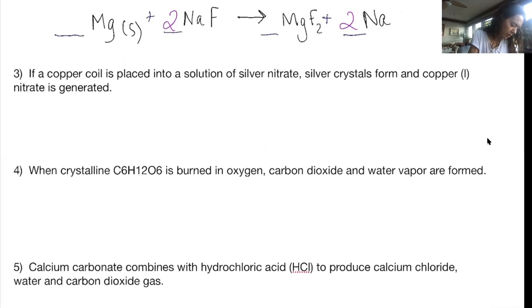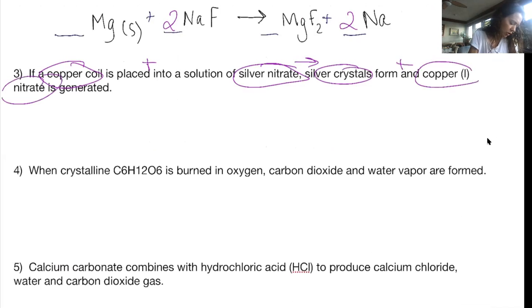If a copper coil, okay, so copper is placed in, added to, silver nitrate, silver crystals form, and copper 1 nitrate is generated. All right, let's write that sucker. Copper coil, copper's by itself. Is it diatomic? No, it's not bromine, iodine, nitrogen, chlorine, hydrogen, oxygen, or fluorine.